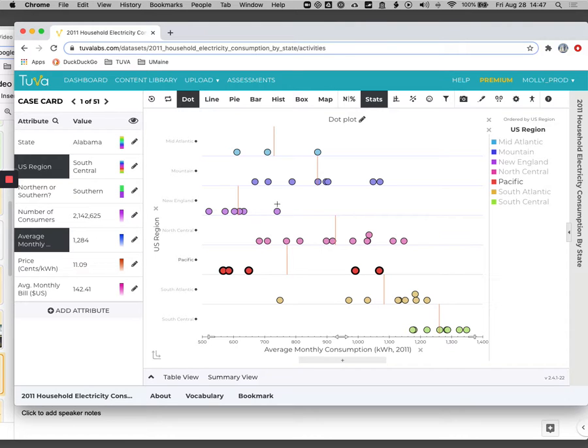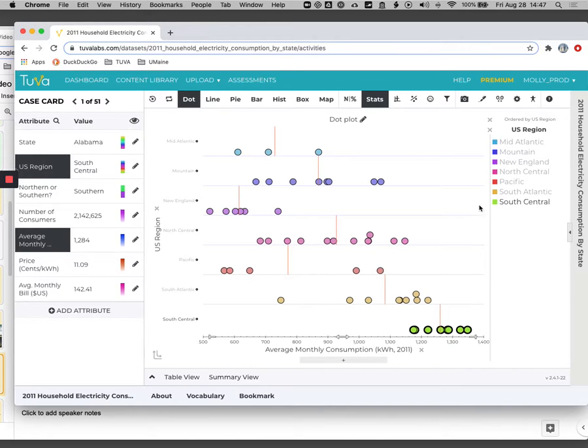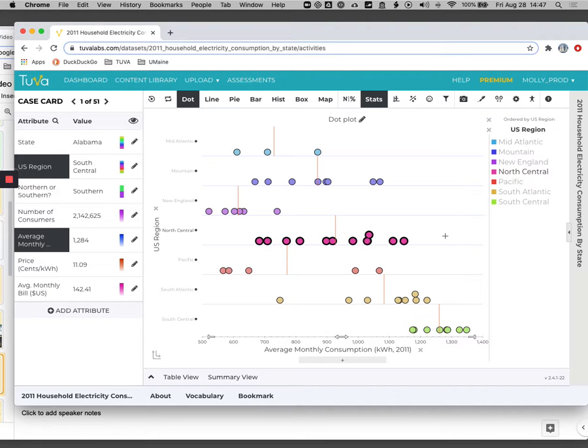And it looks like states in New England, and the states in South Central US, have much less variability in the amount of monthly electricity use. Maybe this has to do with the variety of climate zones in the North Central and the Pacific regions, such as elevation or proximity to the ocean. We can just take a guess at that.